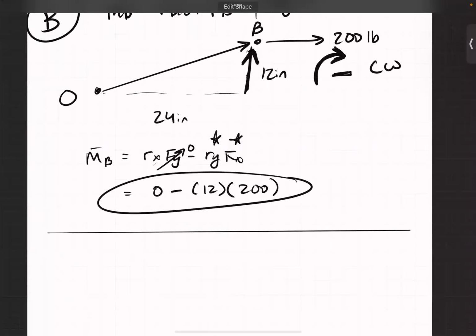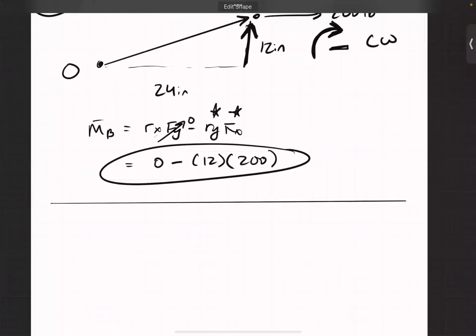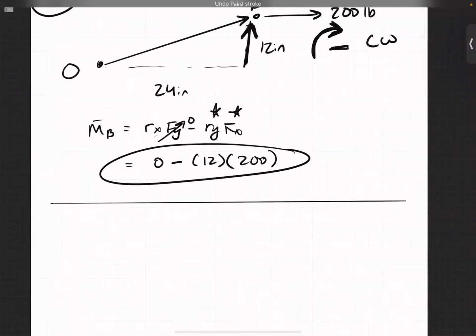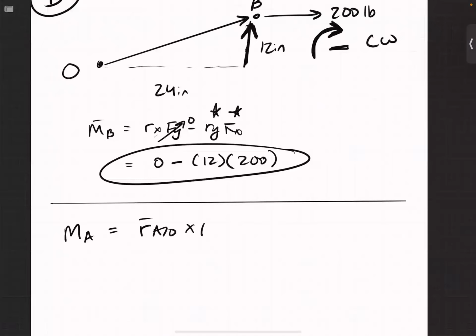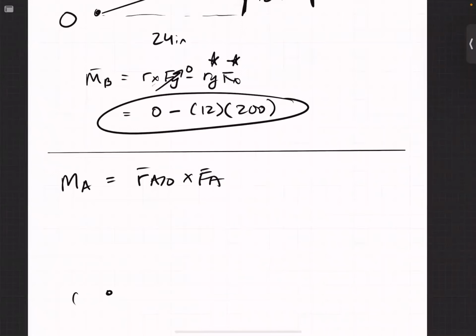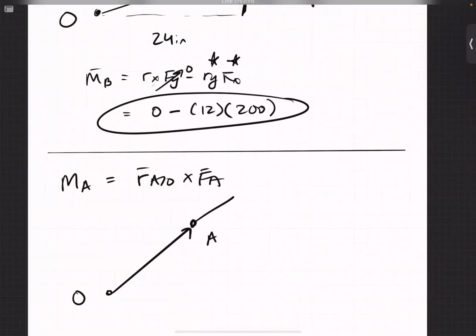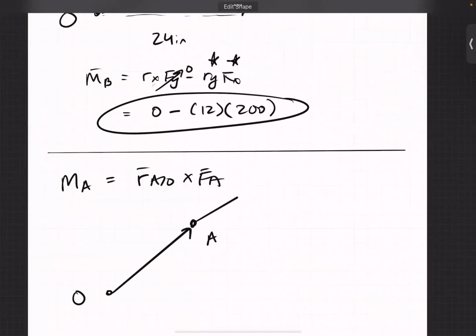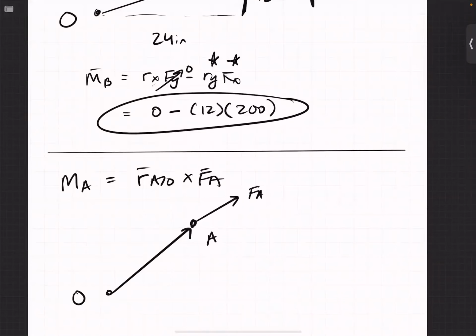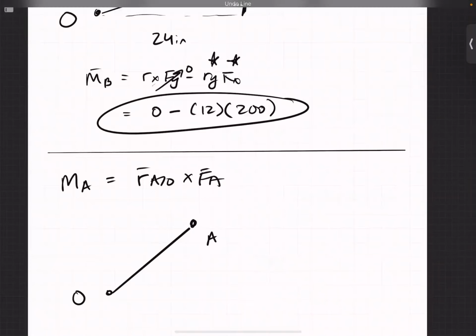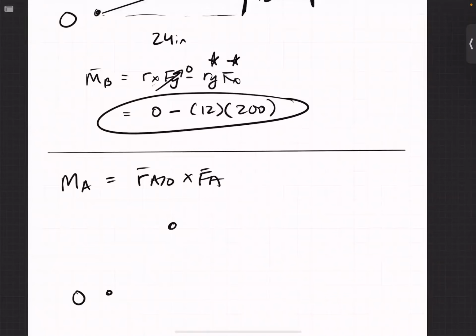The last one is the most complicated because not only does the R have X and Y, the force has X and Y. Our A with respect to O, force of A. I'm going to draw this so it's a little more of an angle between the two forces.